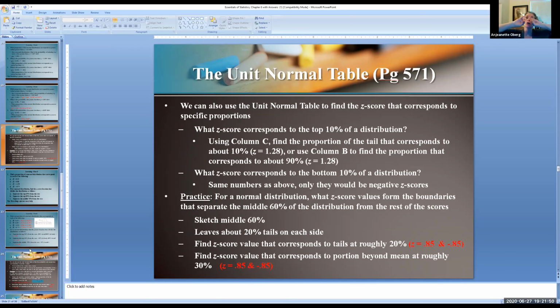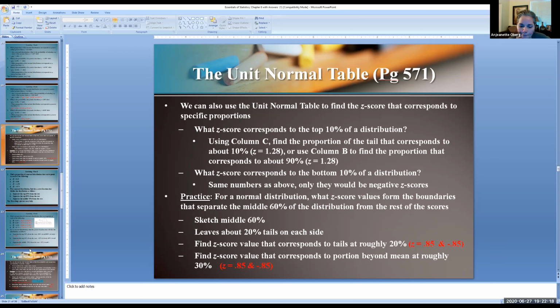So I'm gonna look up 30%, recognizing that there's also another 30% on the other side. So that between the mean and the z-score can be used to figure that stuff out. What if I want to understand the probability of someone scoring between this value and this value? That fourth column will be important.